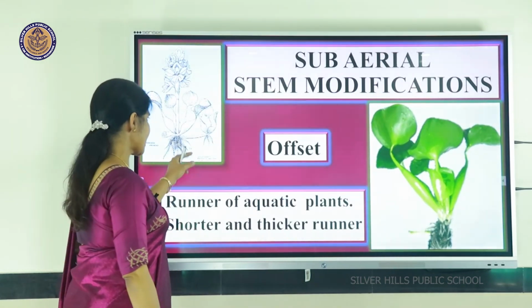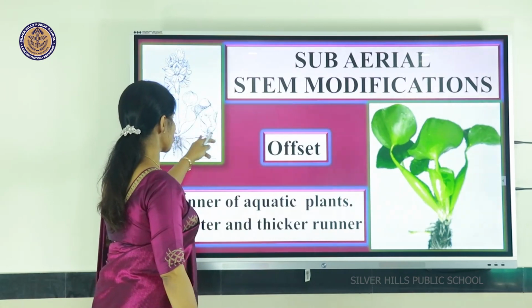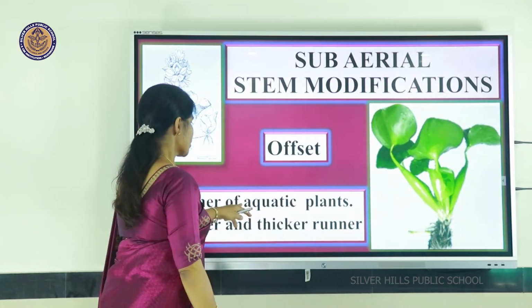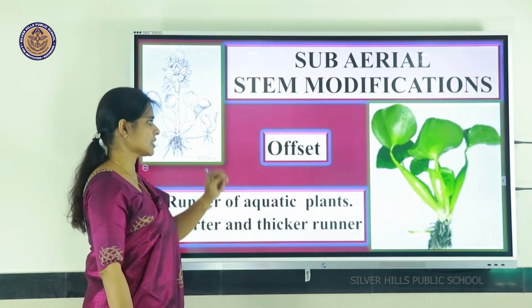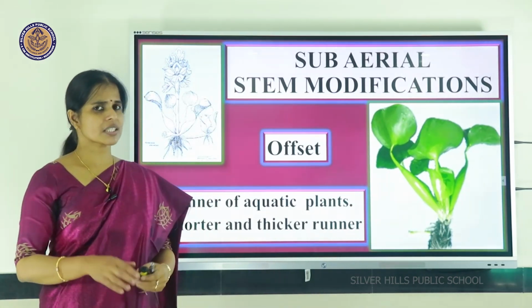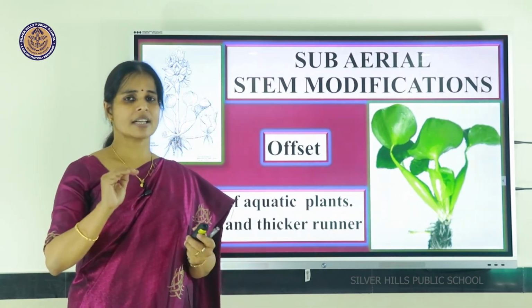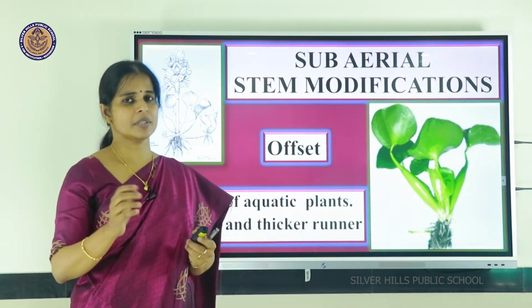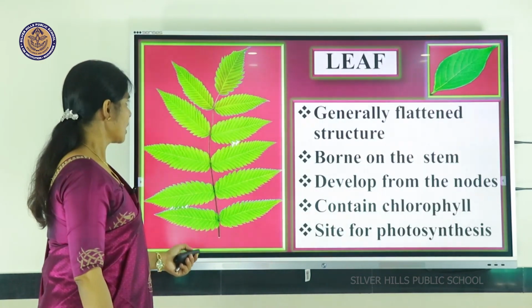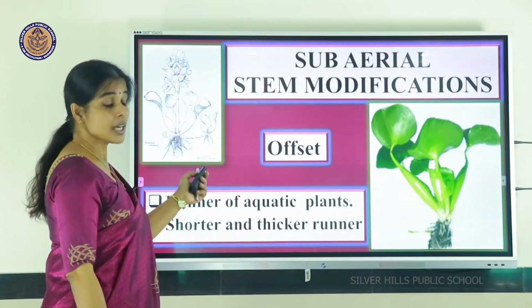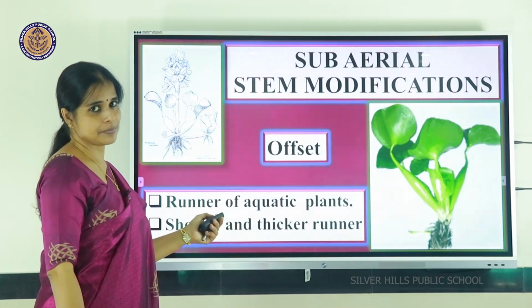In aquatic conditions the runners present are short and thick, which we call offsets. So offsets are runners only, but in aquatic conditions the term changes. In this way we have come to the end of the stem modifications.